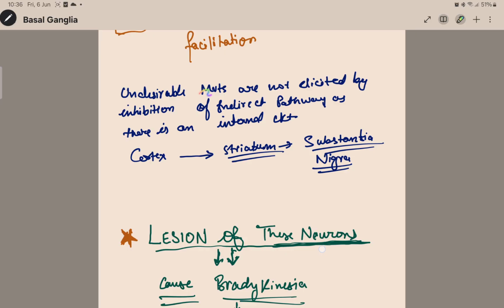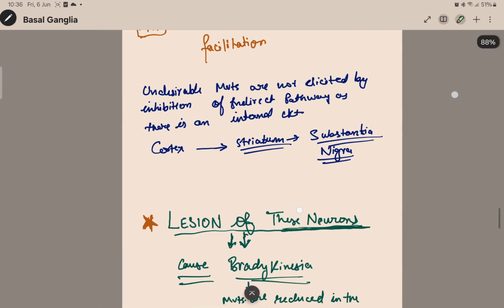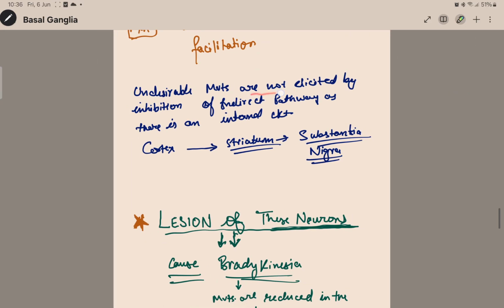So why must there not be elicited undesirable movements? But no, undesirable movements are not elicited by inhibition of the indirect pathway, as there is another internal circuit.